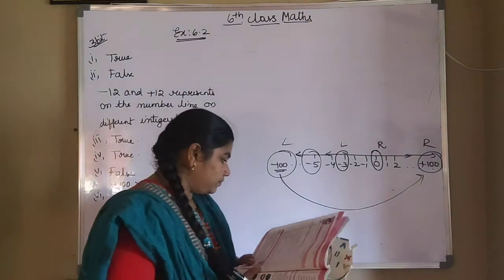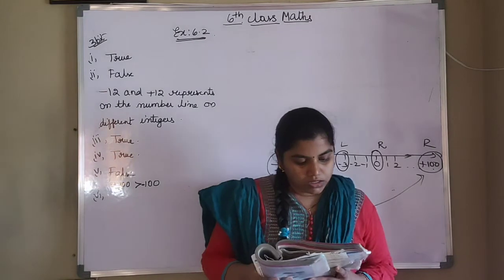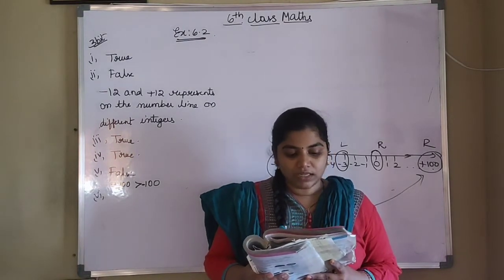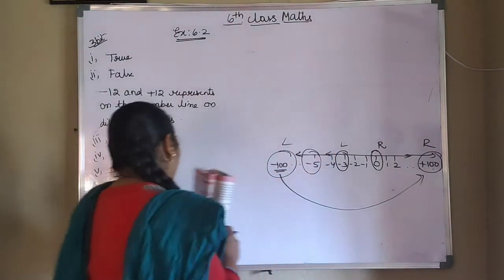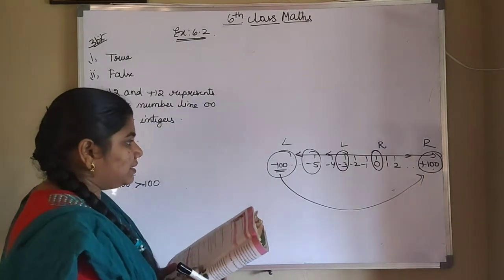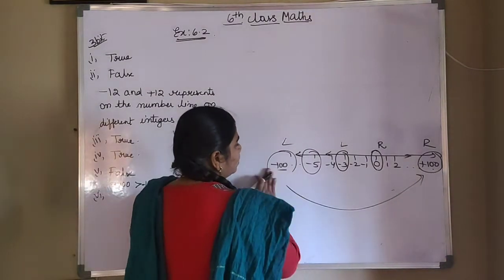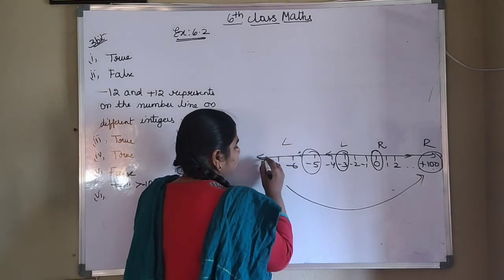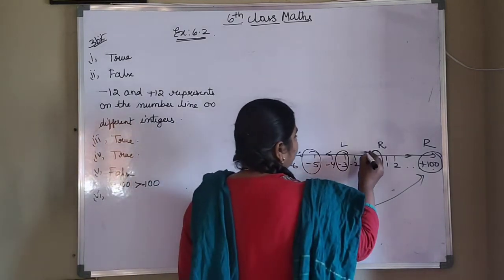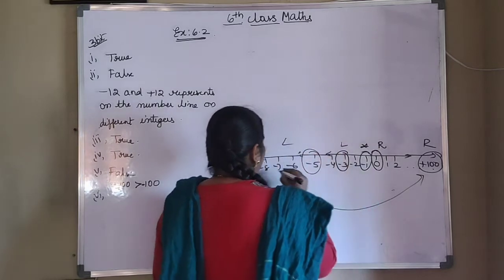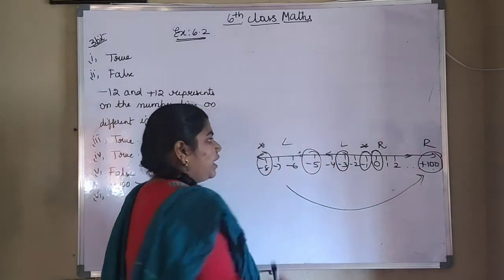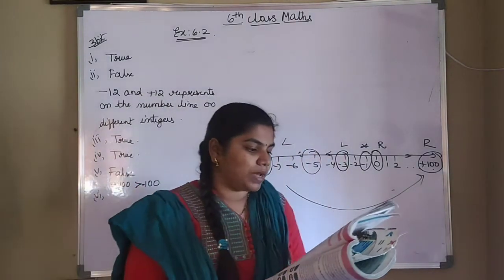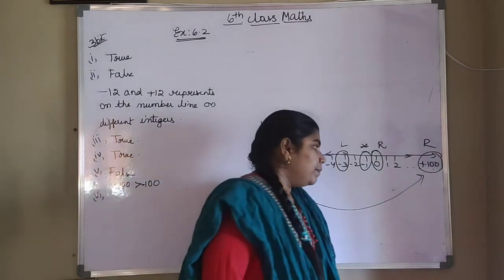Sixth one, -1 is less than -8. What they told, -1 is less than -8. So -8 will be here. They are talking about -1 and -8. So what they told, -1 is less than -8.